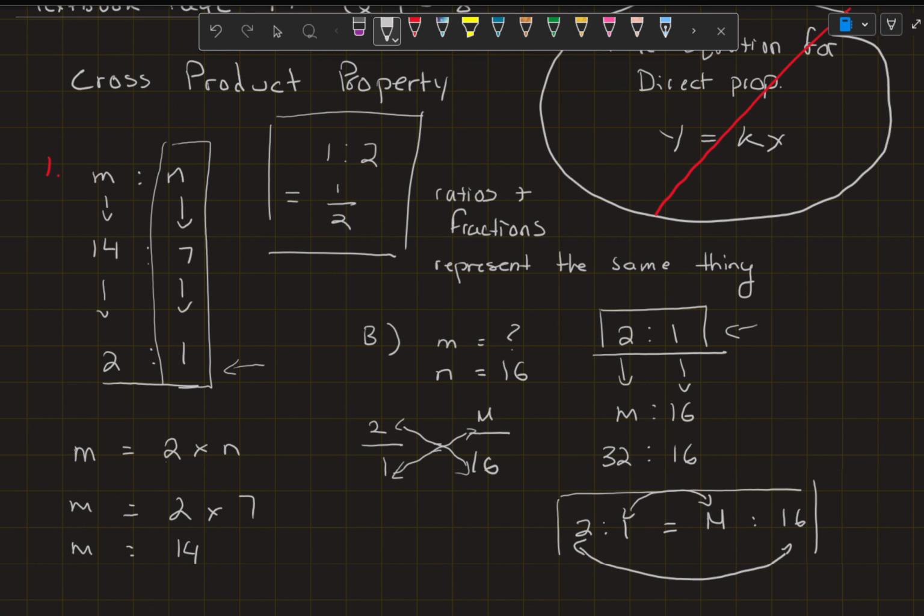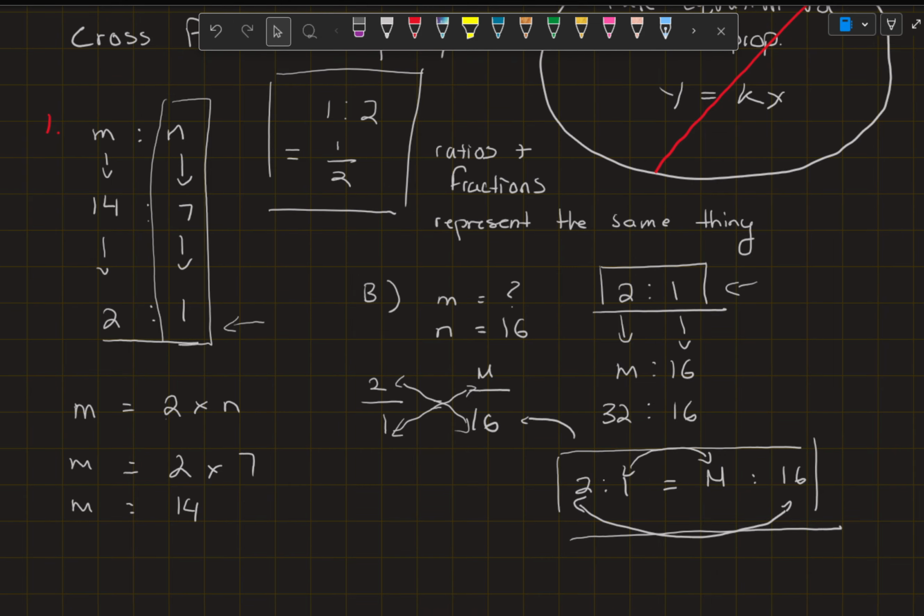I'm basically just representing the same thing in fraction form over here, okay? So when I do that, I have 2 times 16 on one side and 1m on the other. This basically just means 32 equals m. And so there we have it.